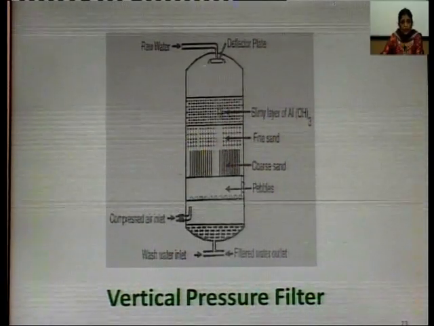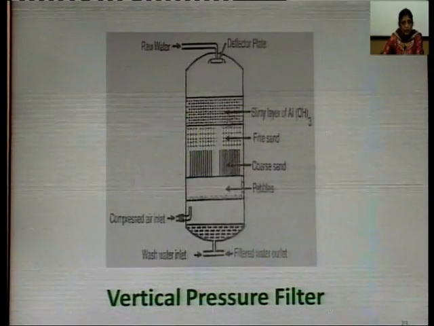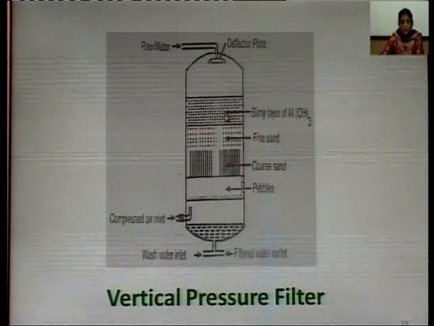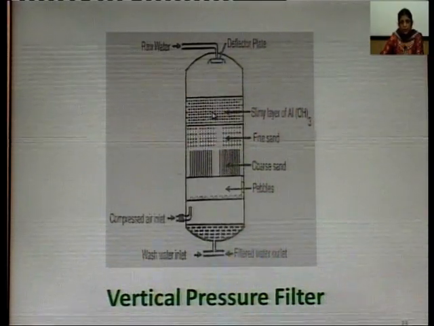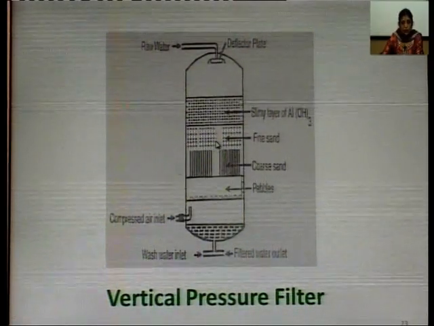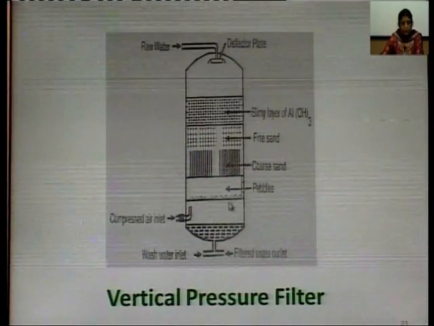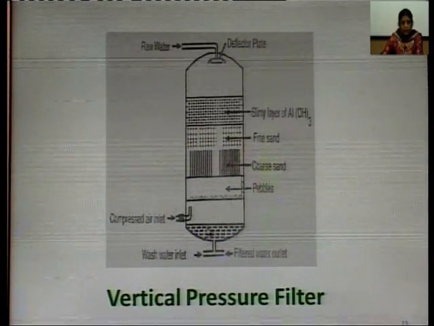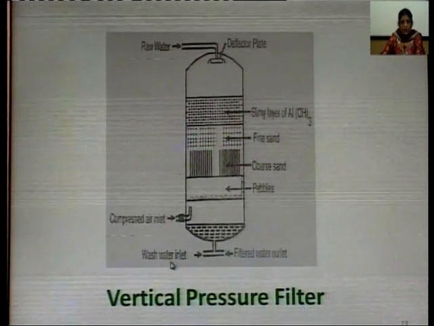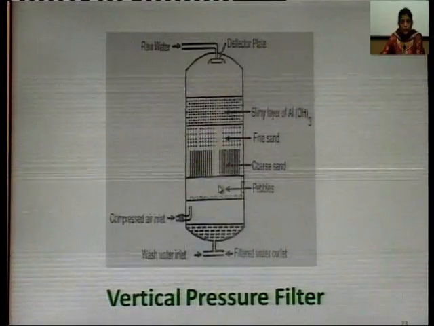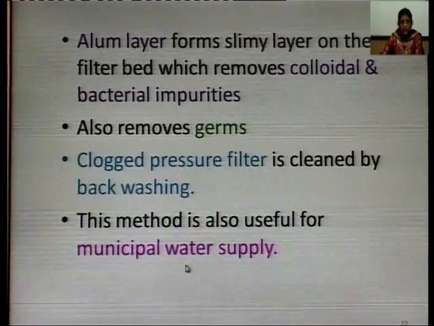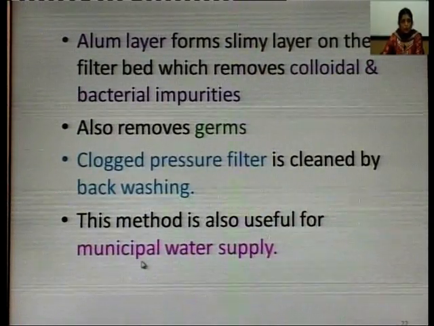Water first passes through the layer of alum where colloidal and other suspended impurities, and even microorganisms, are trapped. Then water passes through fine sand, coarse sand and pebbles, and clear filtered water is collected at the bottom of this cylinder from where it is taken out. So, we can filter water by this method on a large scale. That is why we say this is useful for municipal water supply.